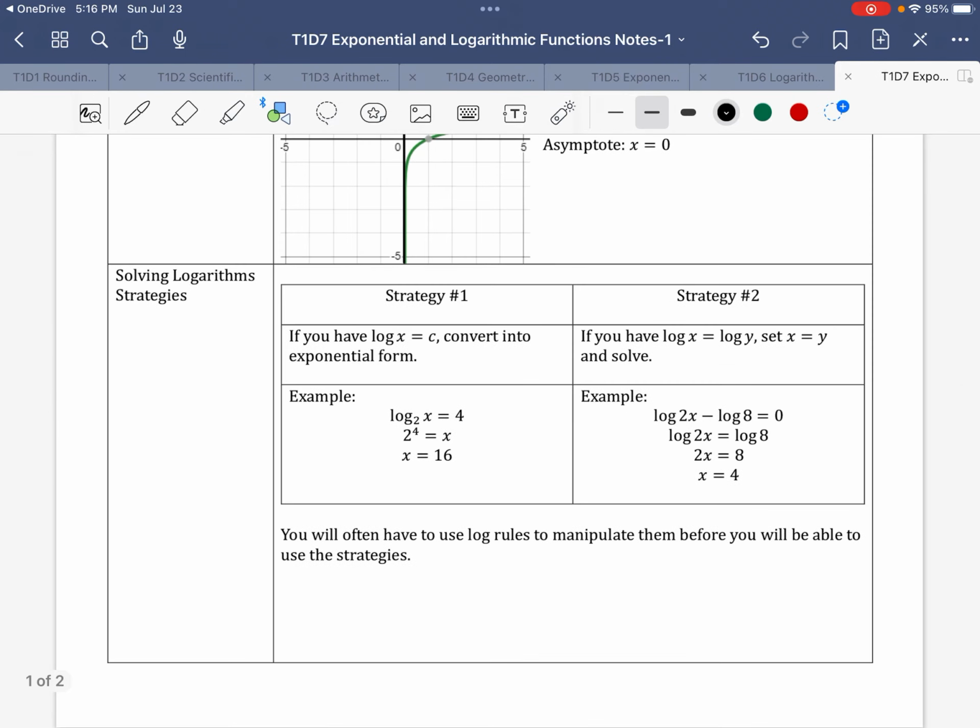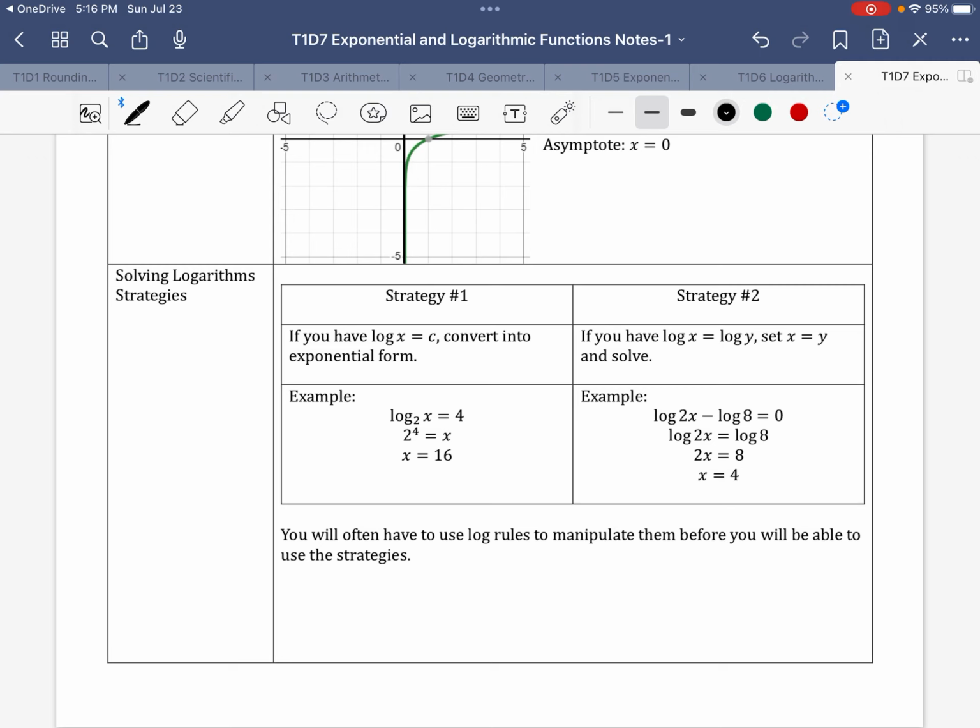When we're asked to solve logarithmic functions, we essentially have two strategies. Strategy number 1 is if you could somehow get it where you have all of your logs on one side completely condensed and then a constant on the other side, you can convert it into exponential form.